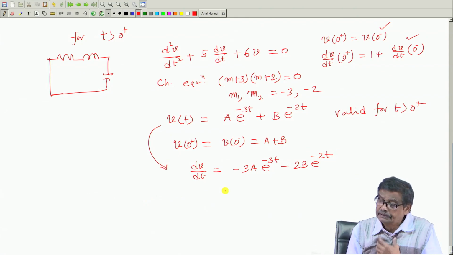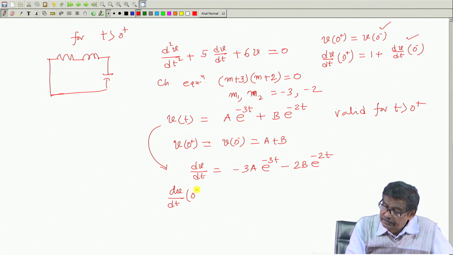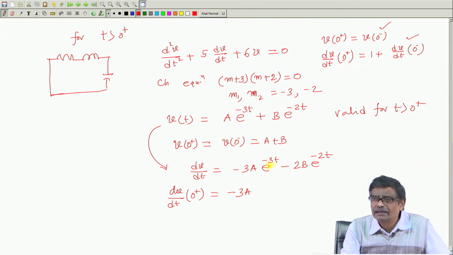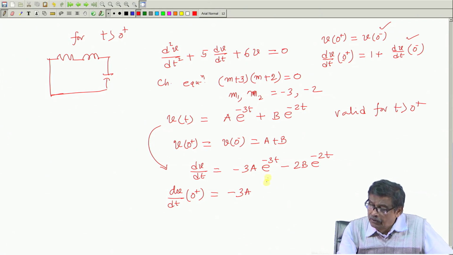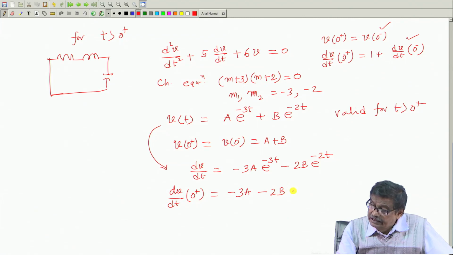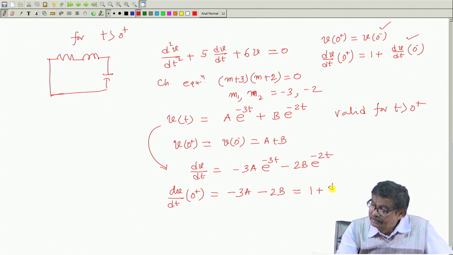Then dv/dt at 0 plus is equal to minus 3A minus 2B, and this value is known, equal to 1 plus dV/dt at 0 minus, which is known to me.